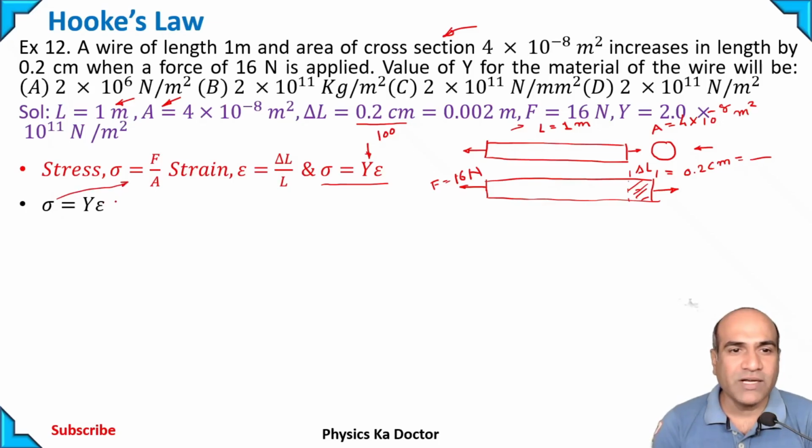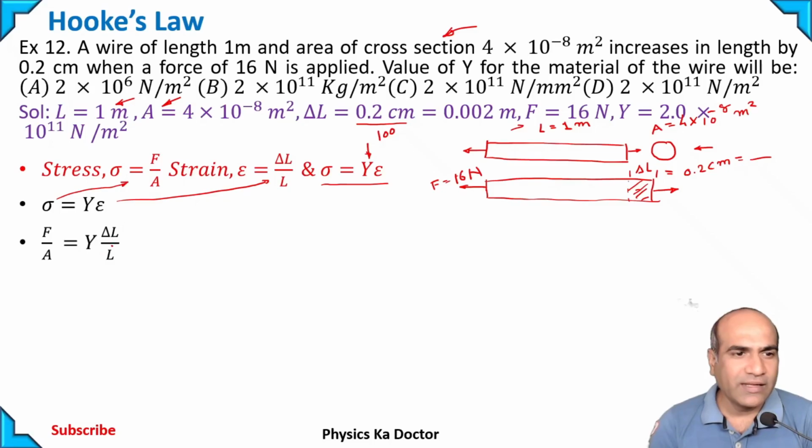F by A. What is e? Delta L by L. Let's put this here. F by A is equal to Y delta L by L, and we can take Y on one side. So Y is equal to F multiplied by L divided by A multiplied by delta L.